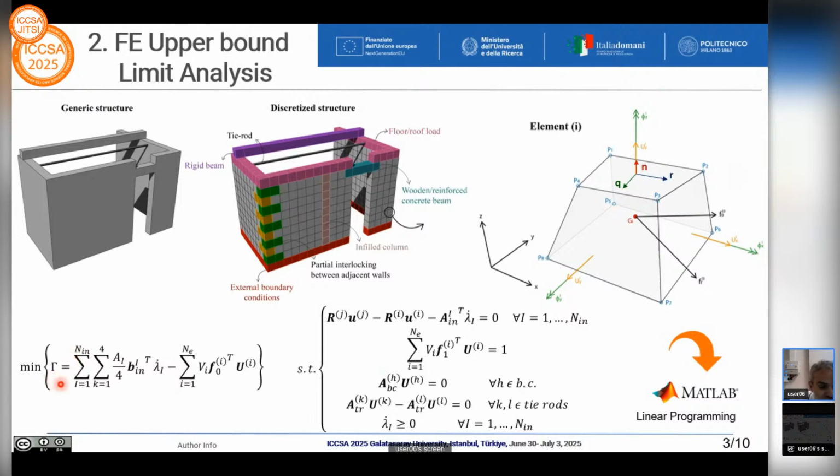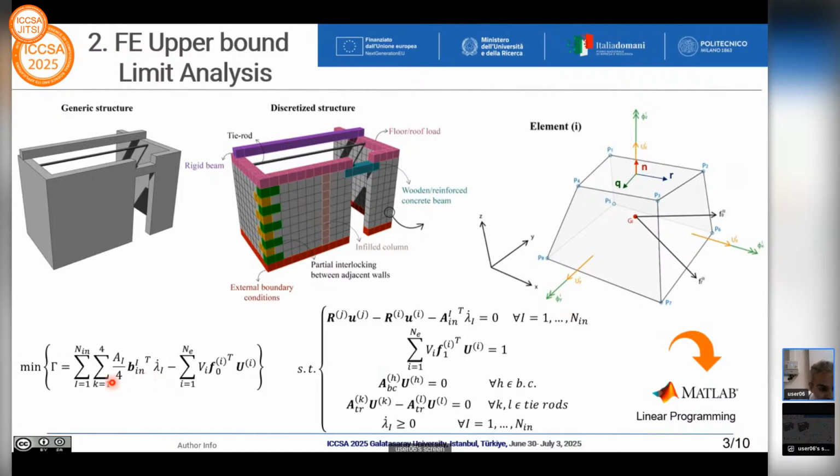This function is the difference between the power dissipated at the interfaces, that is this term, minus the power expended by the system of forces that are independent from the load multiplier. The primary variables here are the generalized velocities of the hexahedron elements, so rotation rates and linear velocities of the centroid of the element, and the plastic multipliers at the interfaces.